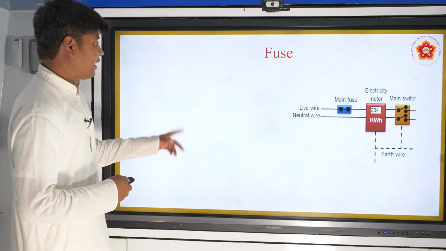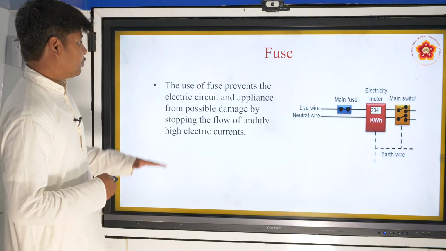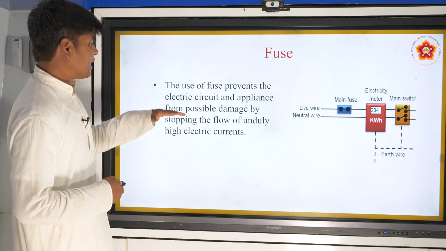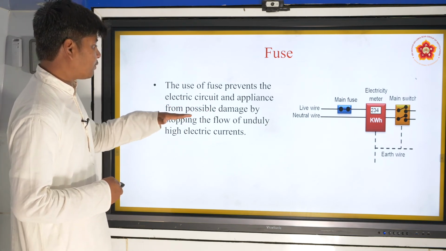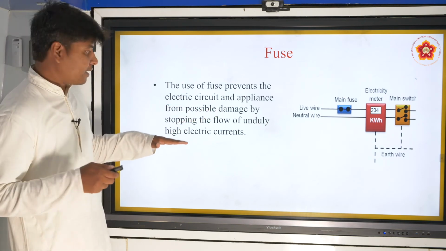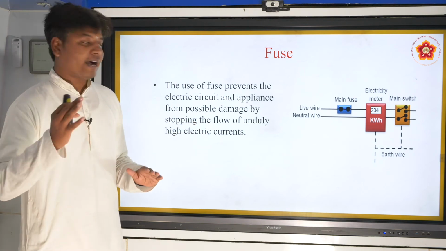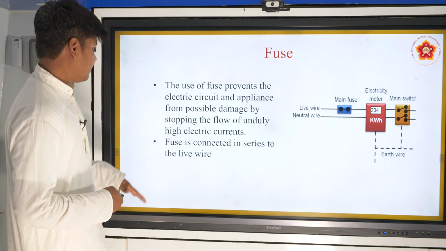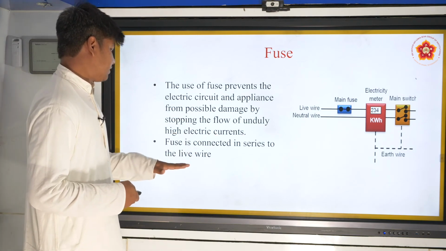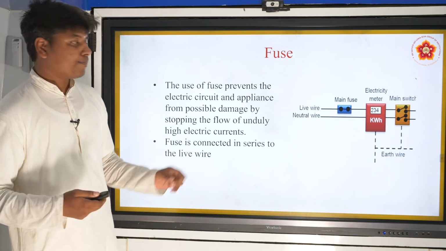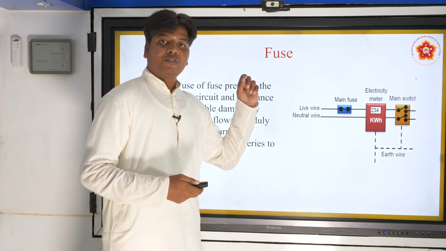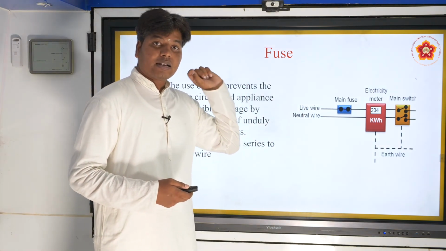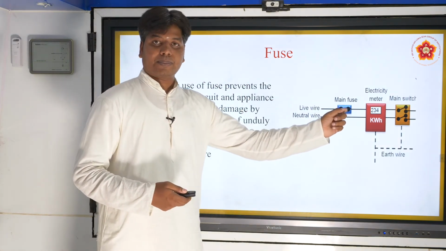Briefly, I have written in points: the use of a fuse prevents the electric circuit and appliance from possible damage by stopping the flow of unduly high electric currents. The fuse is connected in series to the live wire. Why the live wire? Because it is from the positive end of the transformer that it carries the current.